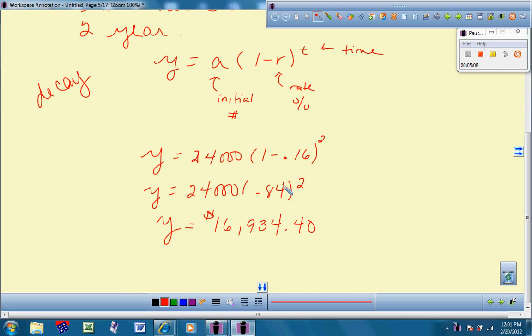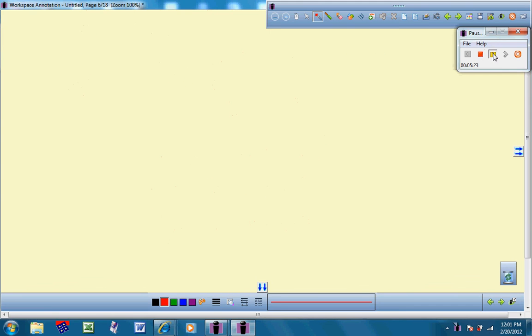Alright, now let's work on an exponential growth. The formula is going to be A is equal to our principal times 1 plus the rate over n raised to the n times t. Okay? So your principal is your initial amount of money.